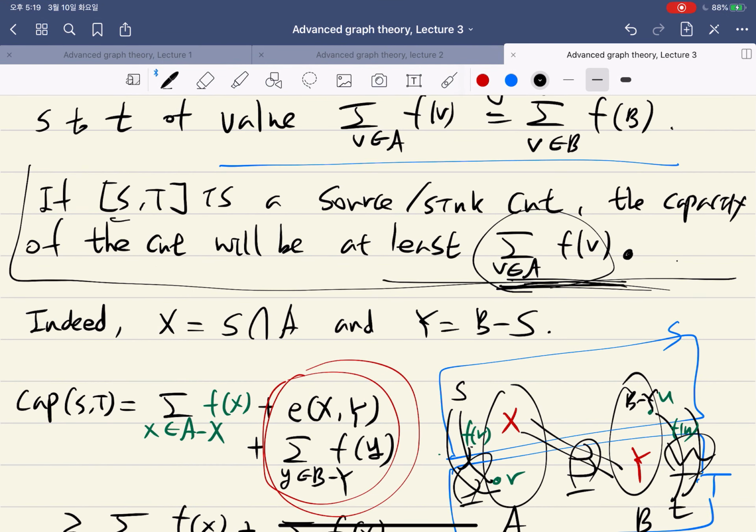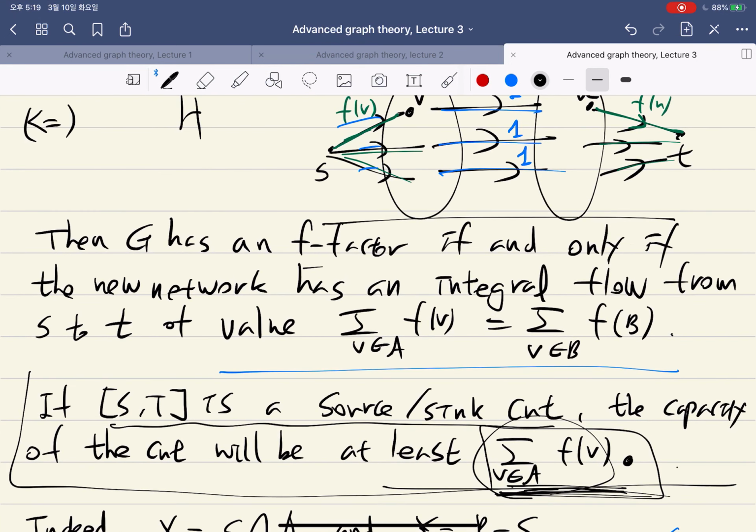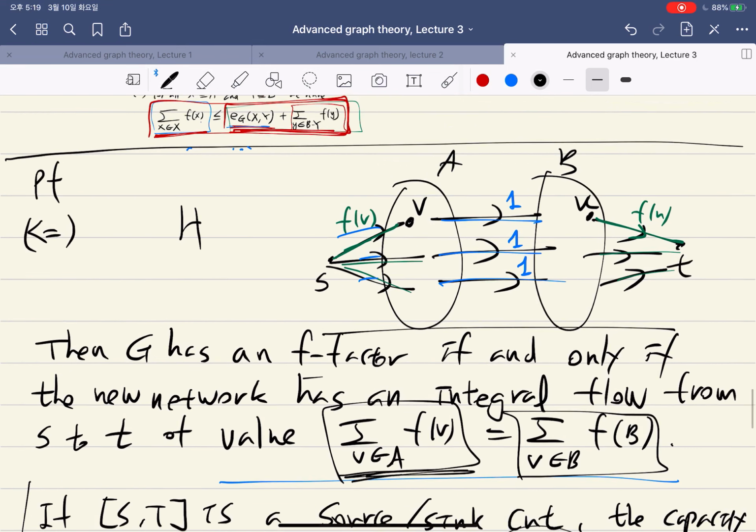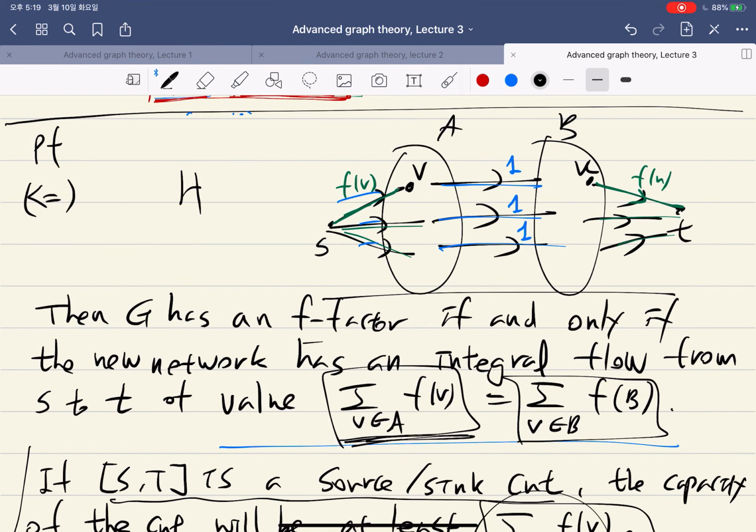So every cut has capacity at least this value. So by the max-flow min-cut theorem, there exists a maximum integral flow with value at least this, but it cannot be more than that because that's the maximum possible value. So there exists a max flow with exactly this value, which gives us the desired f-factor.